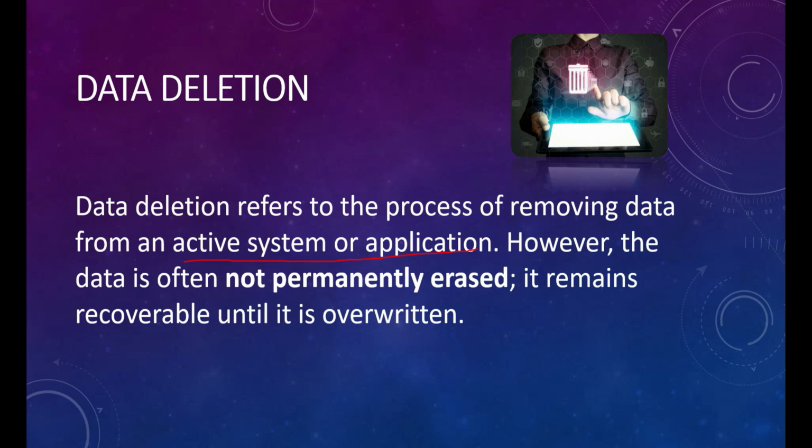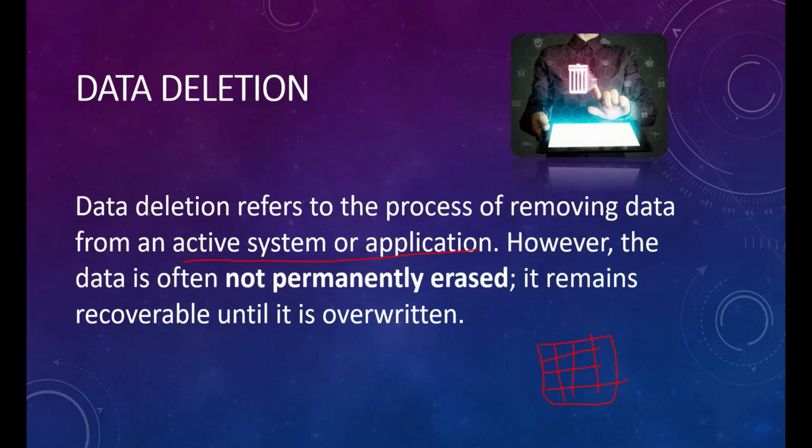Because you might have a system. A system can be an application or a database or anything which is an active system. So let's consider there is a database, and in that database there is a table called table 1.